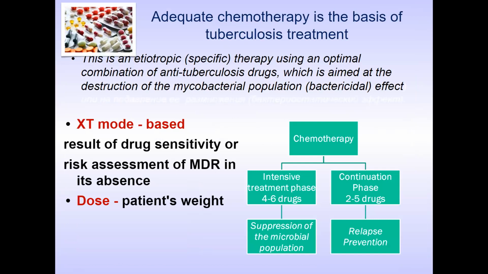This is specific therapy using an optimal combination of anti-tuberculosis drugs, which is aimed at the destruction of the mycobacterial population. You can see this picture. We have the best results with drug sensitivity testing or risk assessment of MDR in its absence.